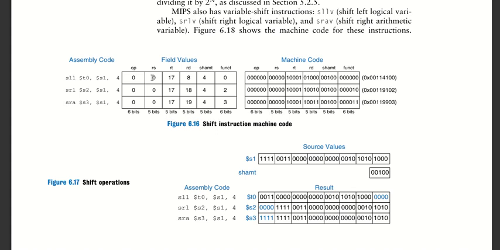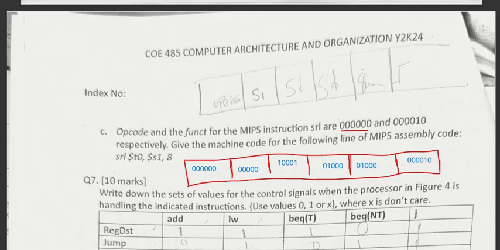Source 1, they put 0 there, right? They don't specify any register for source 1, you put 0 there. Then you already know that source 2 is register number 17. Then RD is what? Register number 8. You put your shift amount and your function as well. So that's basically for that question.